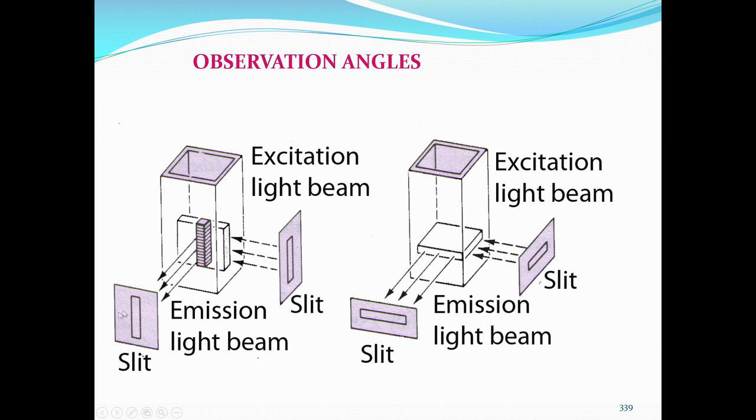I place a detector perpendicular to this, I do not keep a detector across that. So, emission light is always perpendicular to the incoming radiation. So, this is known as excitation light beam, this is known as emission light beam, and again I need a slit width. So, the excitation light beam slit should be as large as possible, and here the slit also should be variable.